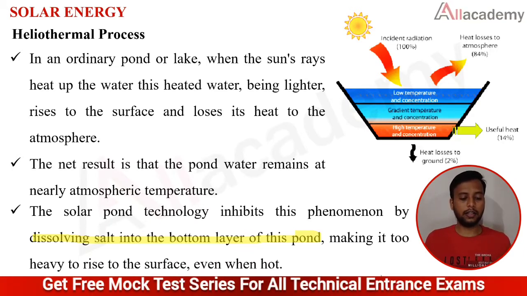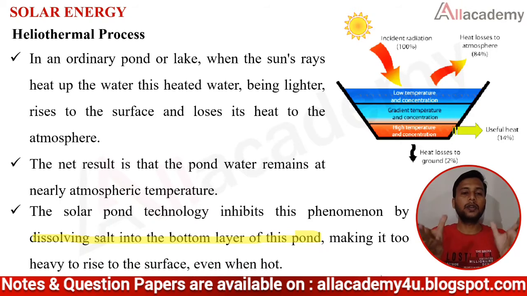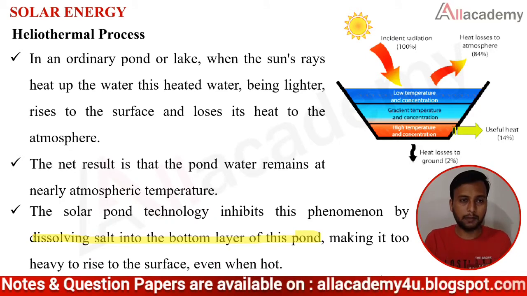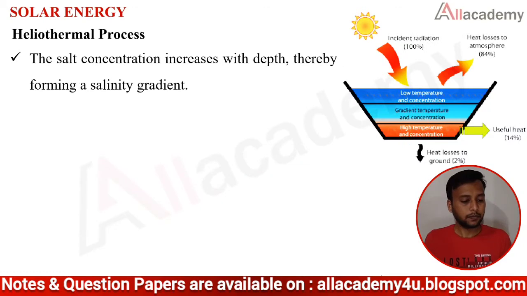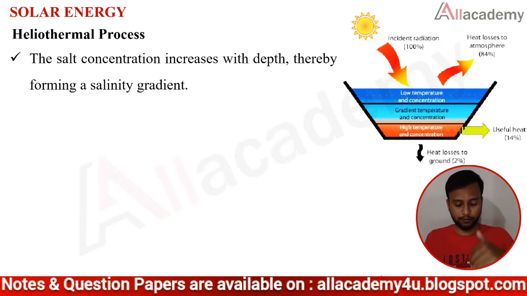As we know, heated water normally flows upwards, but if I add salt content, it becomes much denser, and it will remain at the bottom layer even though it is too hot. Now the salt concentration increases with depth, thereby forming the salinity gradient.